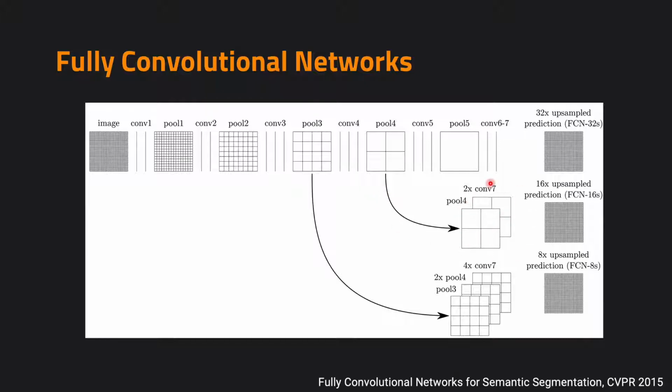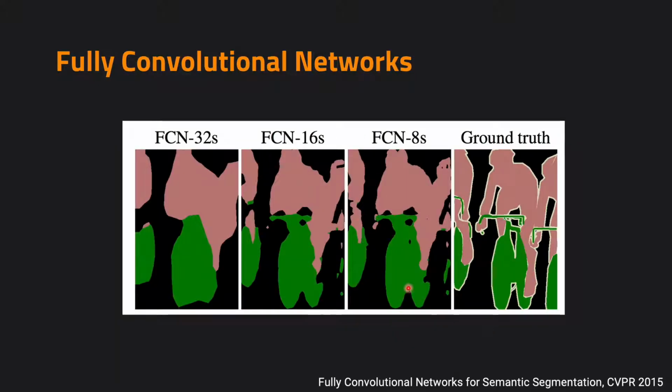Say we have this resolution, and we can combine it with an even shallower layer to get higher resolution, learning to combine these two layers so that we have higher resolution and at the same time more semantic information. And you can see this scheme indeed can increase the resolution of the output, and we can get a more and more clear prediction for the output segmentation map.